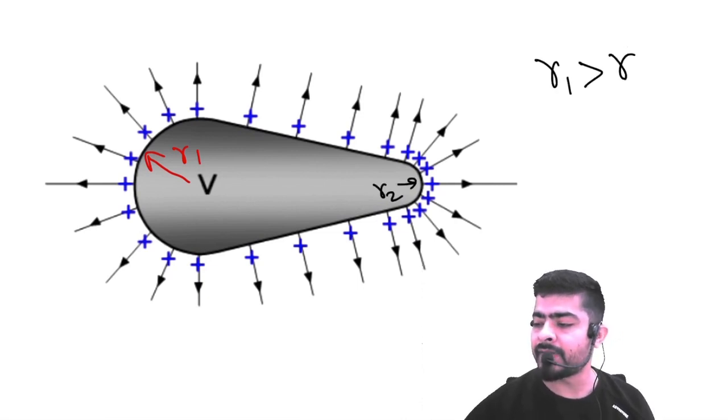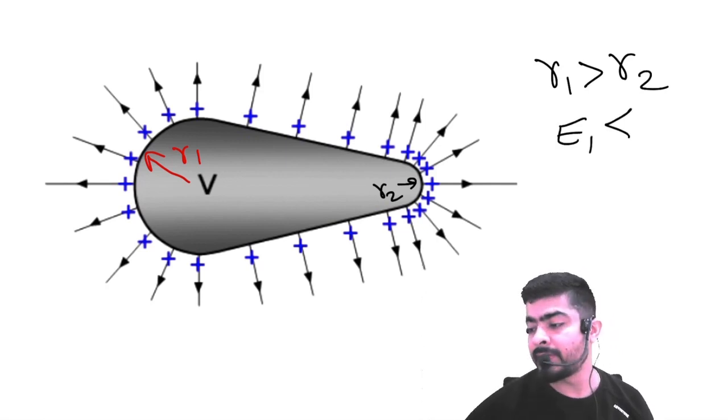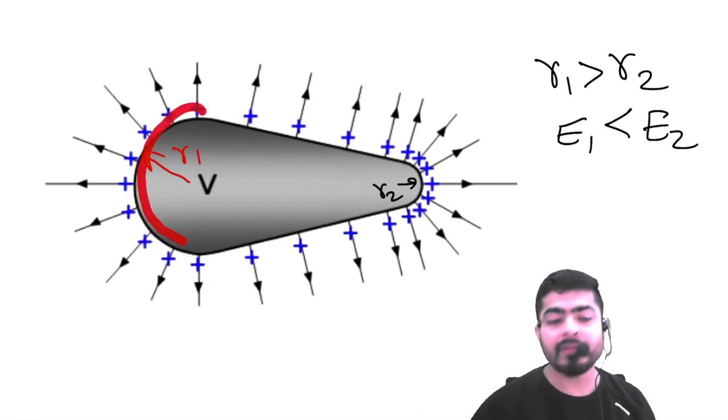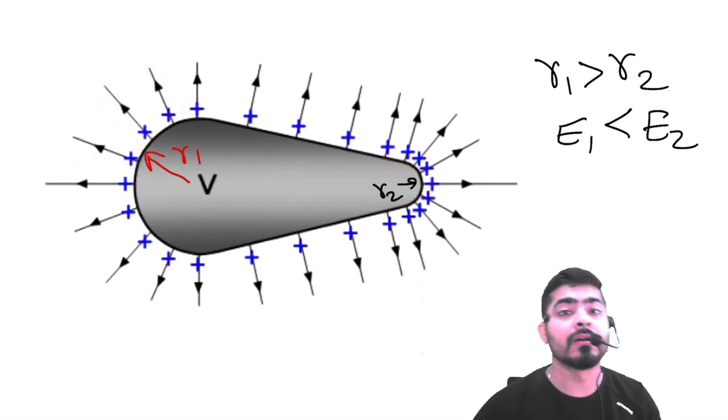Obviously r1 is more than r2. So the electric field on the left will be less than the electric field on the right. On the left, electric field is less. On the right, electric field is more.